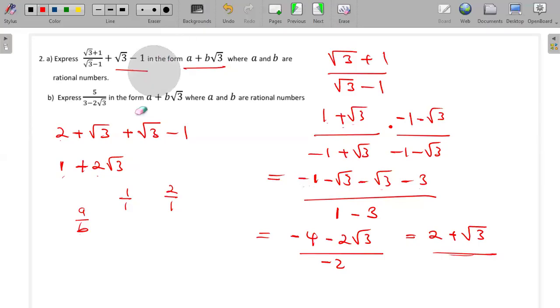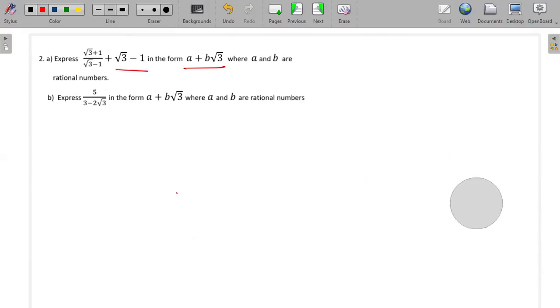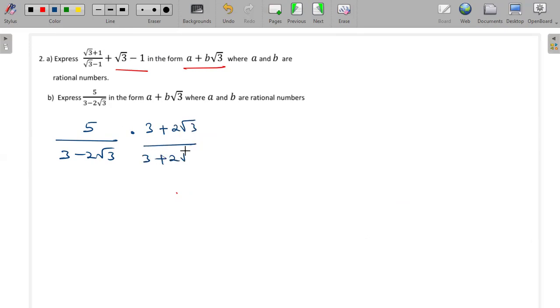Okay, let's look at part B. Part B is still asking about the same thing, so we do the same even for it. We have 5 over 3 minus 2 root 3, and then we multiply by the conjugate, which is 3 plus 2 root 3 over 3 plus 2 root 3.